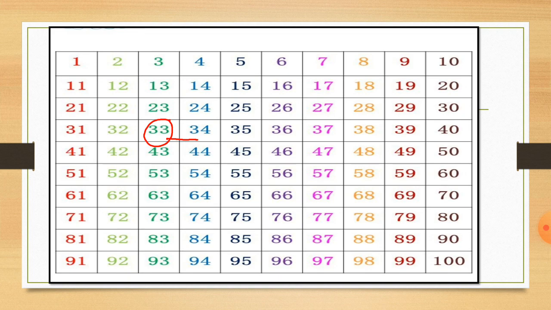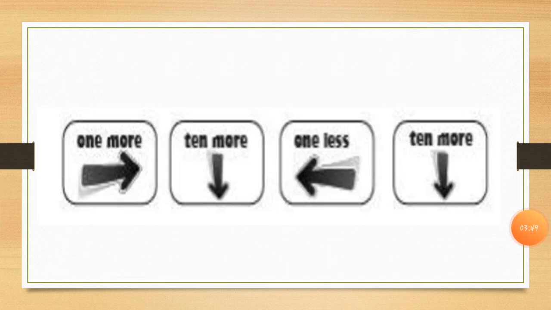So let's see one more arrow. Students, here is one more arrow which indicates that if you want to add 10 to a particular number, you have to go down. You have to go down, then you will get the answer. How? We will see through the example. Just understand here, students, which number we have to add and in which direction we have to move.